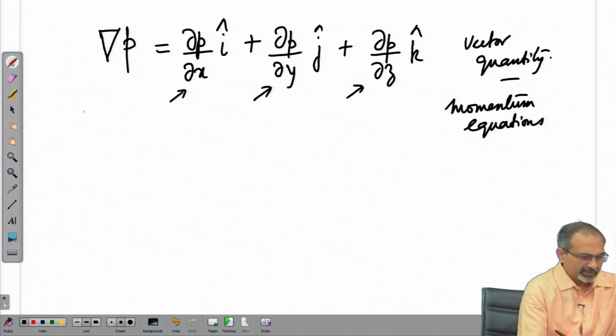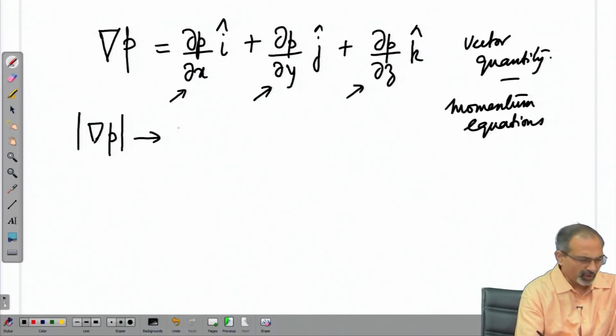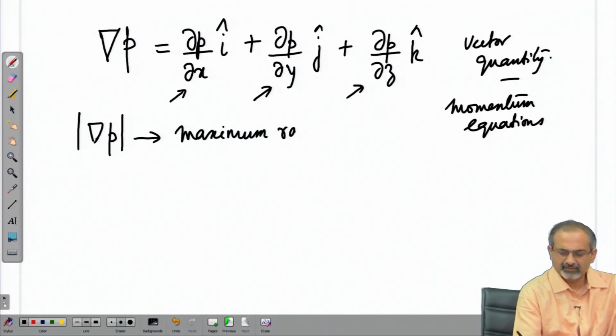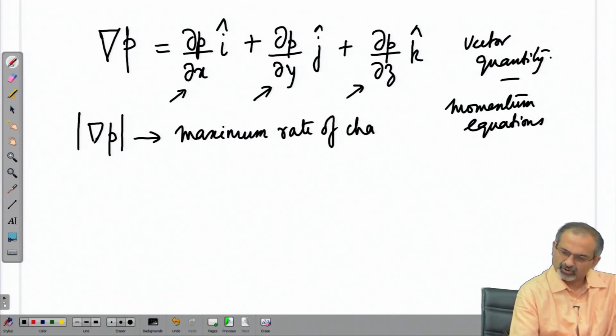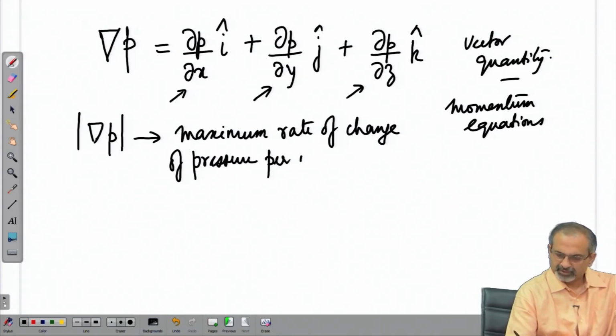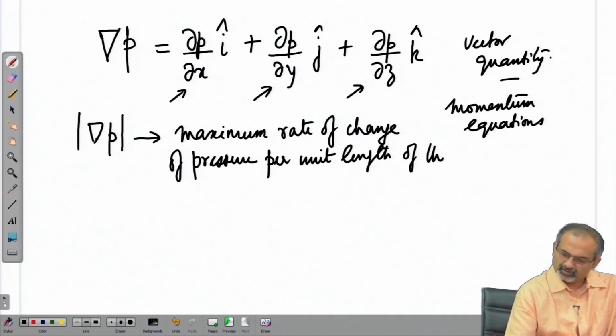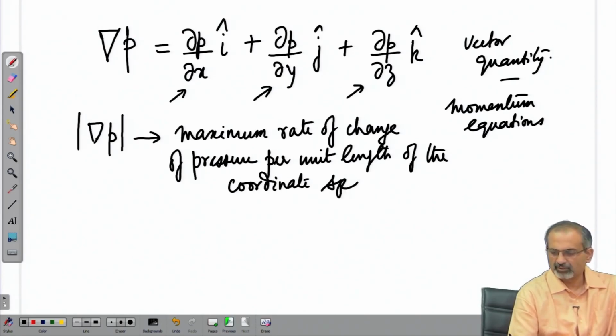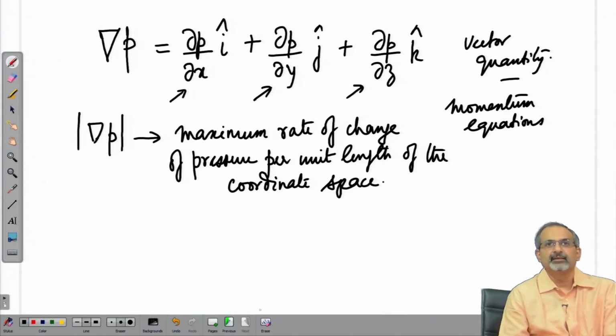When you look at the magnitude of gradient of p, it gives you what? It is the maximum rate of change of pressure per unit length of the coordinate space. Here of course, we are talking about a Cartesian space.